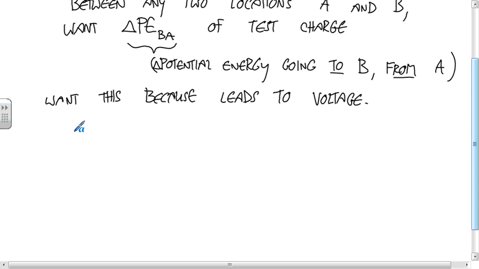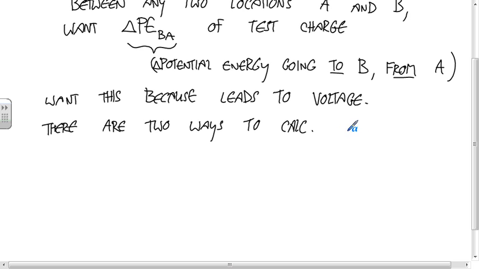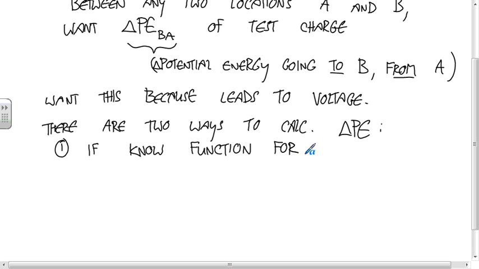Okay, so there are two ways to calculate the change in potential energy. The first one is if you know the potential energy function, the function for potential energy at a point.